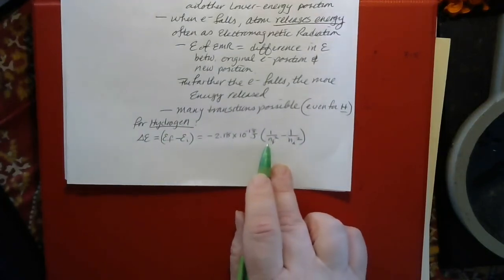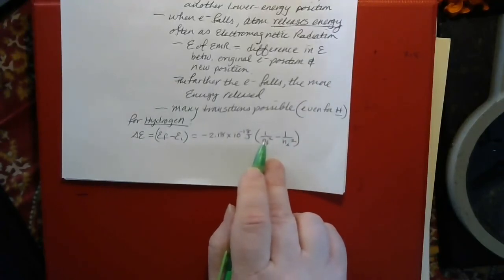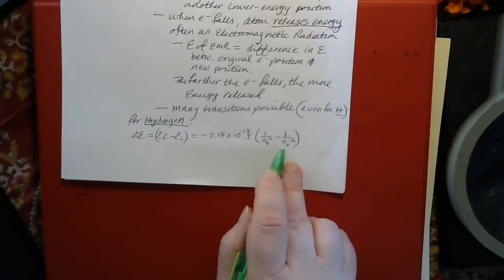What it actually means is the principal quantum number of the final position of the electron. And the whole number that was the denominator for the other fraction is just the principal quantum number of the original position of the electron before it fell.